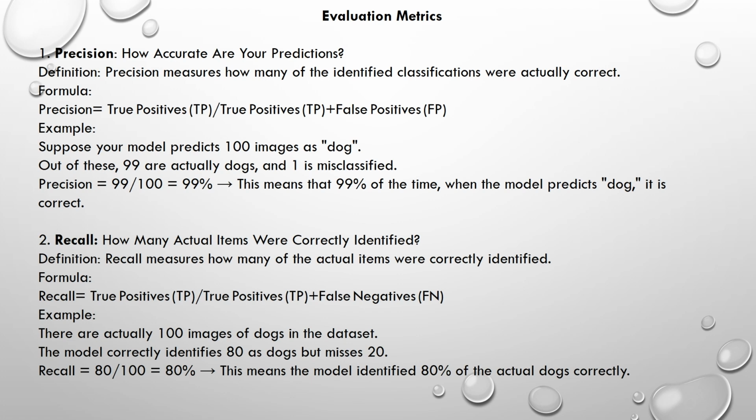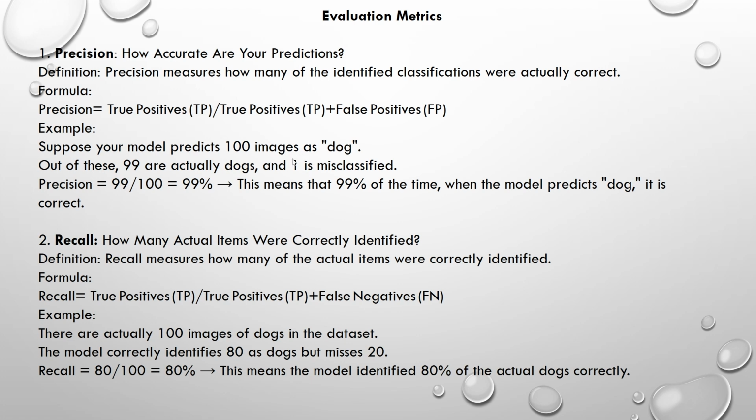So first, let us have a look at an example. Now, there are 100 images and your model predicted 100 images as dog. And after that, you are verifying these images and you found out that 99 of these 100 images were actually dogs. But one image is not that of a dog.